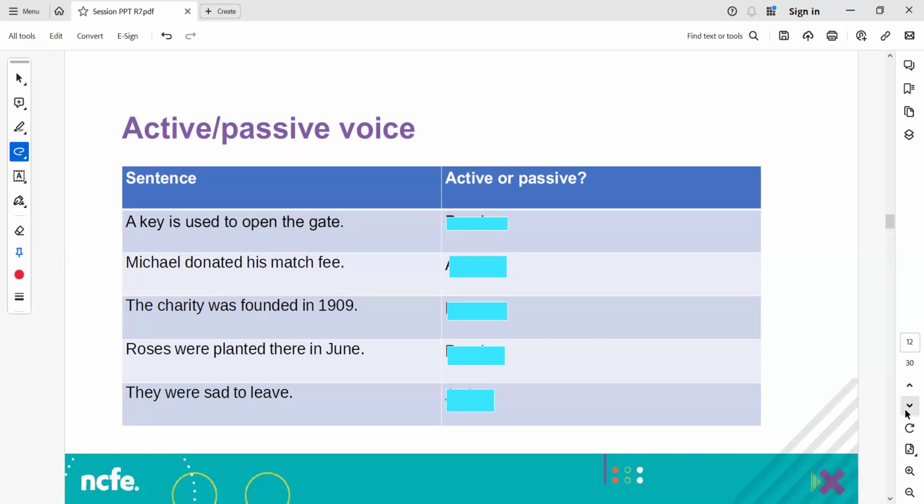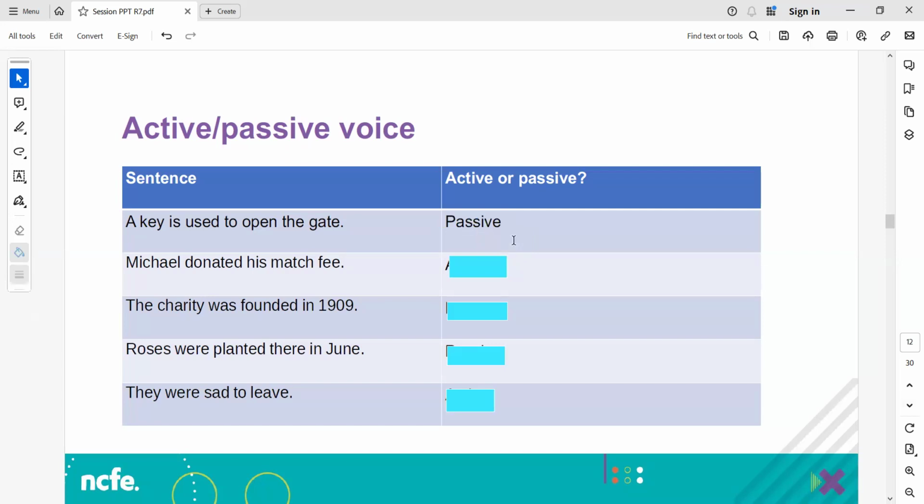That's passive. It is, yeah. So how did you identify that as passive? Because the key that he used is the first thing before at the gate. So the subject is at the start of the sentence, the key.